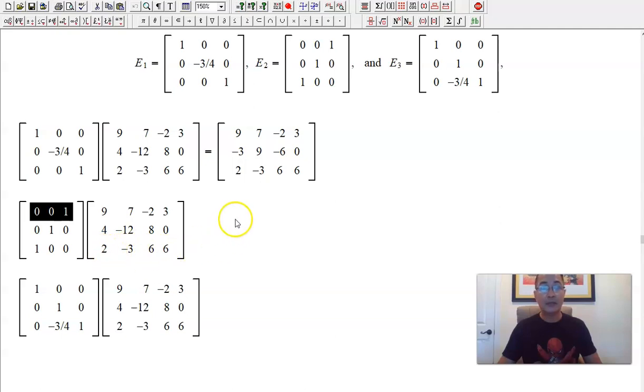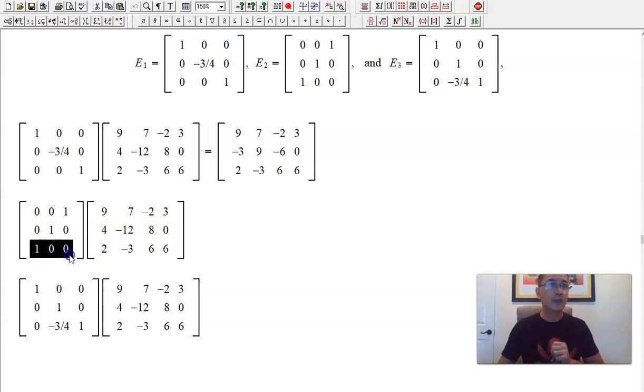So row 3 will now be found in row 1. What about 0, 1, 0? This time, the 9 and the 2 will disappear, and the 1 gets multiplied to the 4, and then the -12, the 8, 0. So row 2 does not change.